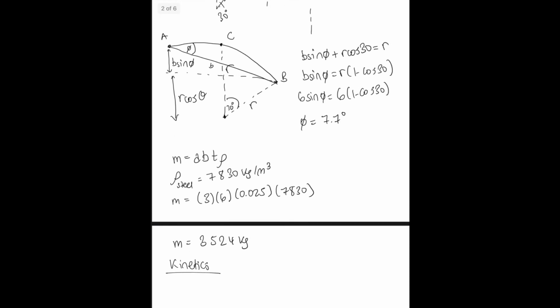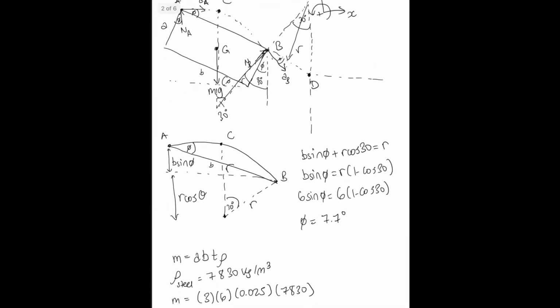Now, after we found the mass, we can now start writing our kinetics and kinematics equations. For this problem, we're going to have 7 unknowns and 7 equations. So, based on the free body diagram, let's start with the easiest.